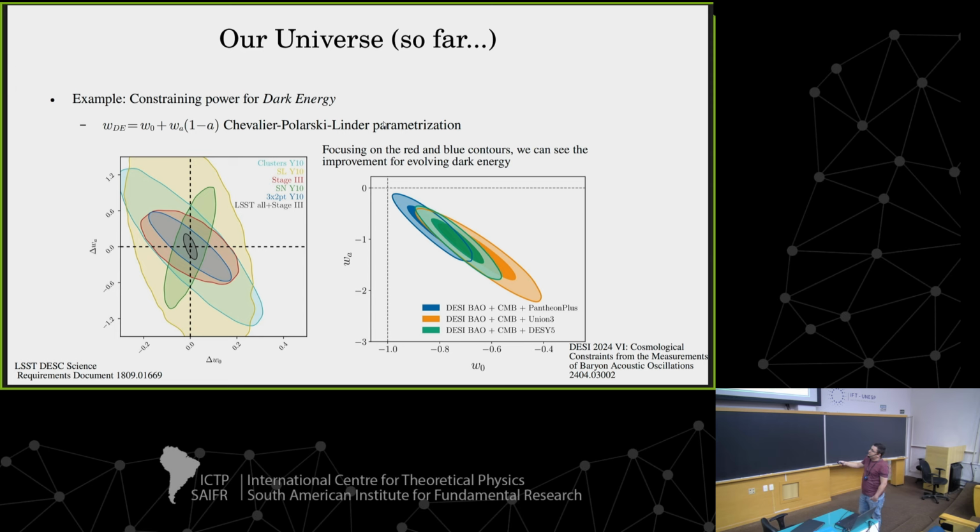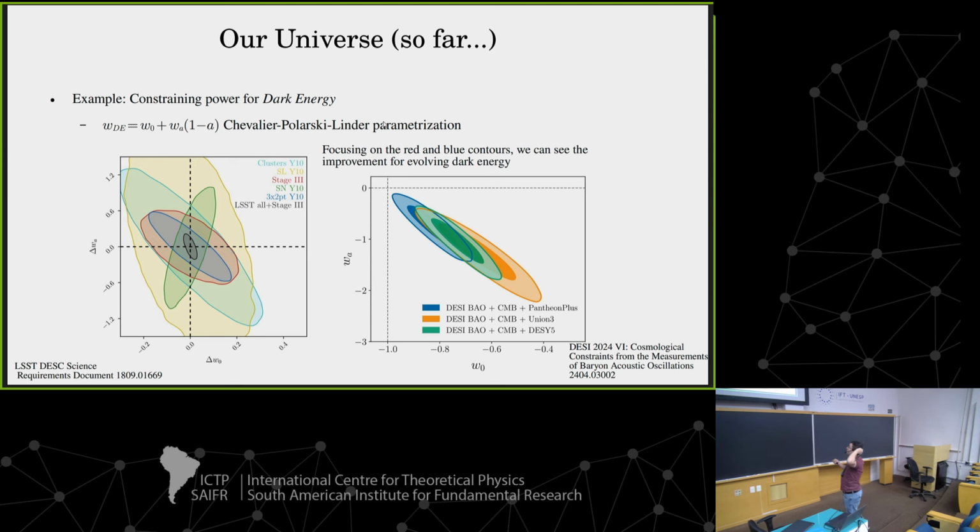So we are going to be way more sensitive to w0 and wa when we go to stage 4 surveys. This can also already be seen when we inspect again the same contours that I showed before from the DESI paper.